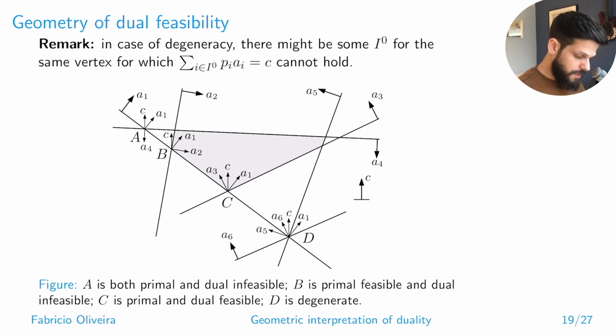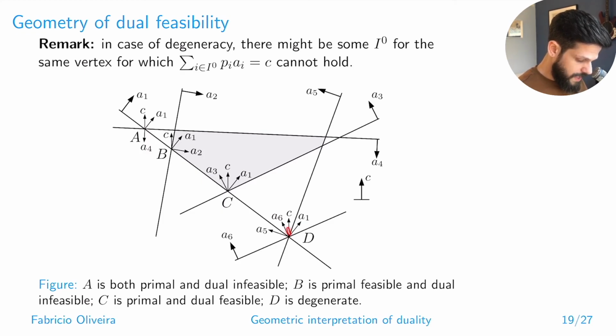But if you're looking at A6 and A1, then it's actually dual feasible because it's within the cone formed by the two vectors. It's not primal feasible, right? I put it here just because I needed more space to draw things. But it could have been that this point is degenerate with another constraint here. So it could be primal feasible and degenerate, okay?